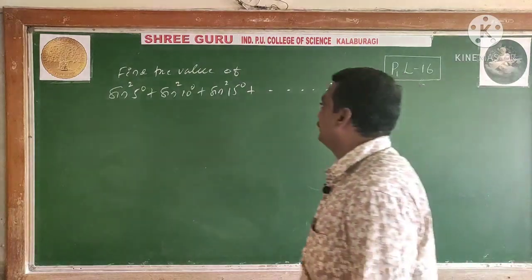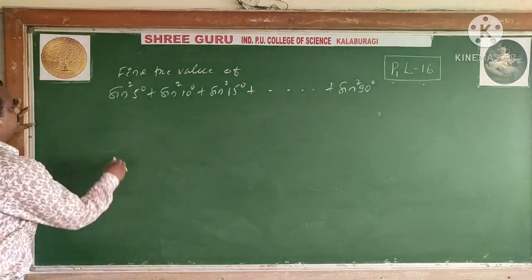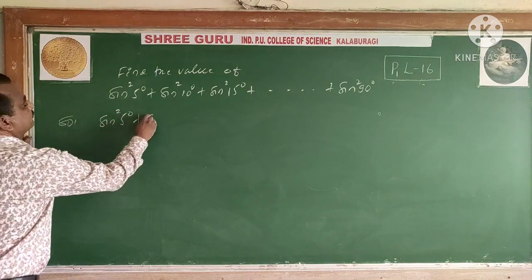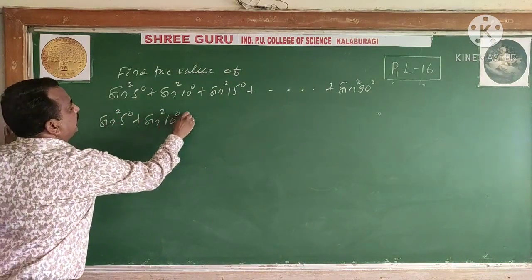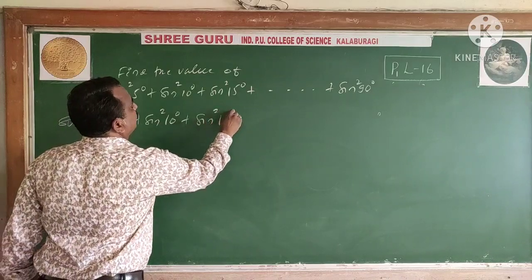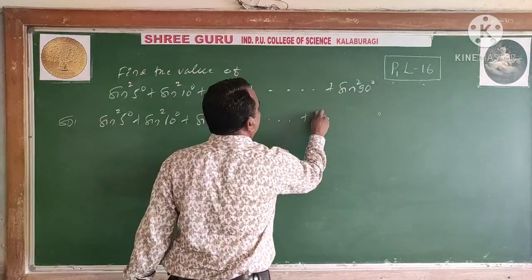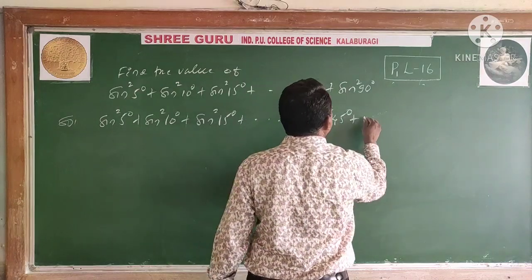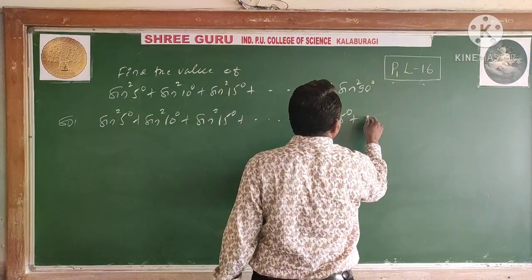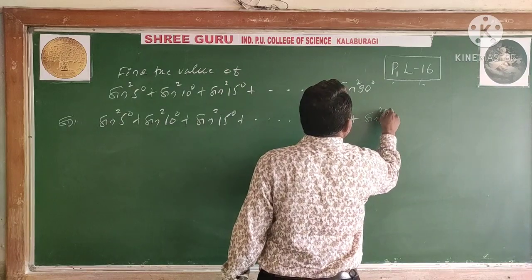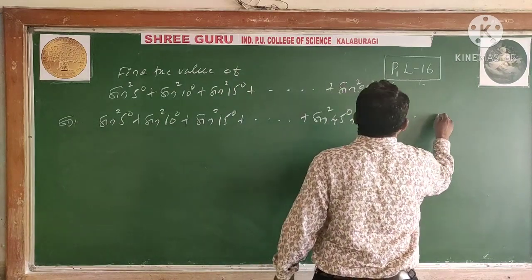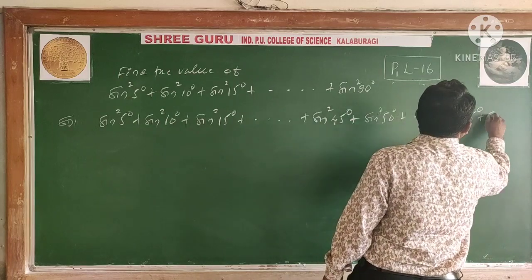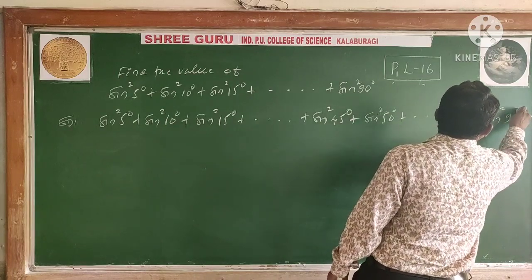See, very well it is. See the students, solution of this one. You have the terms sin square of 5 degree, sin square of 10 degree, sin square of 15 degree, up to sin square of 45 degree, plus up to sin square of 50 degree, sin square of 85 degree plus sin square of 90 degree.